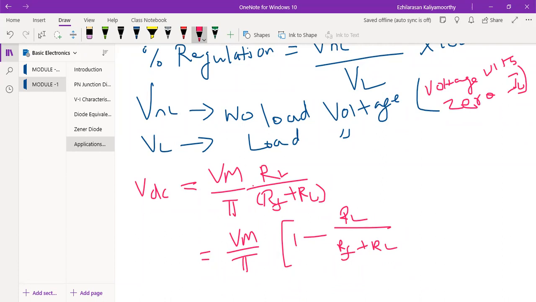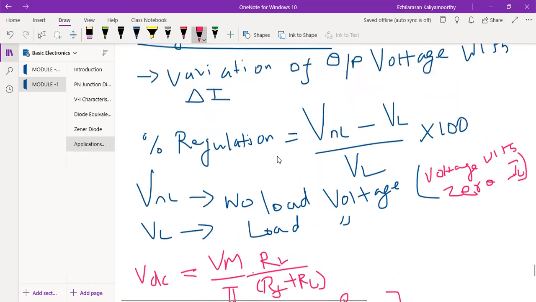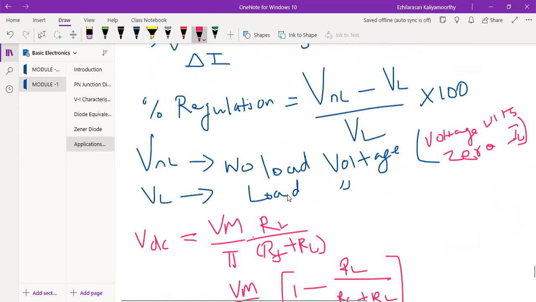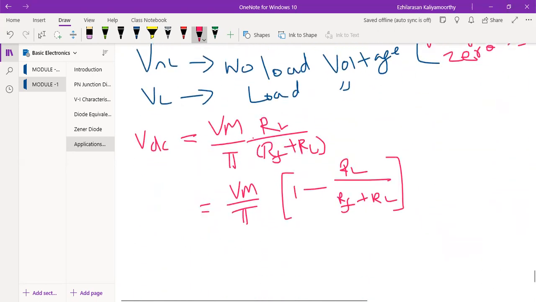Normally in the previous expressions we did not add the RF, because RL is very much greater than RF, the load resistance. So that is the reason we did not add it. Here we need it, because we are looking at the variation of output voltage with the change in output current. So we are adding this.